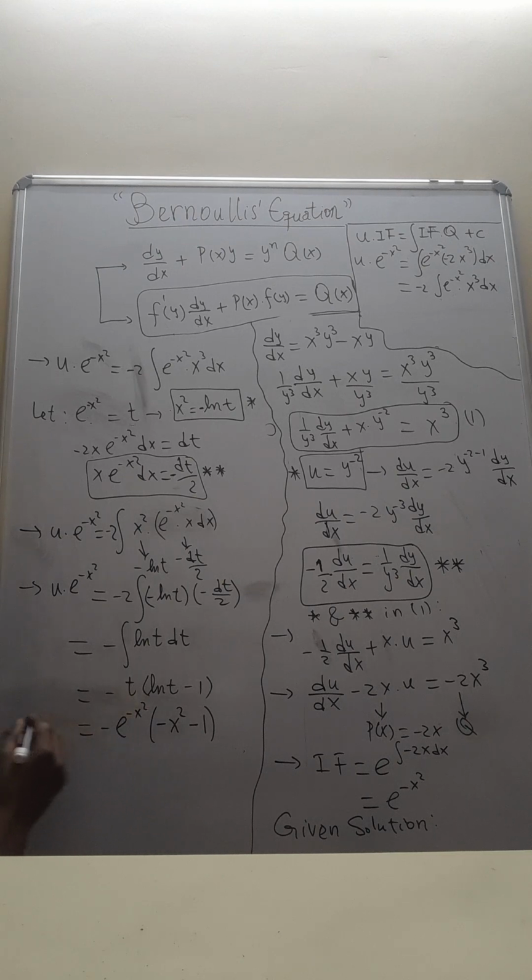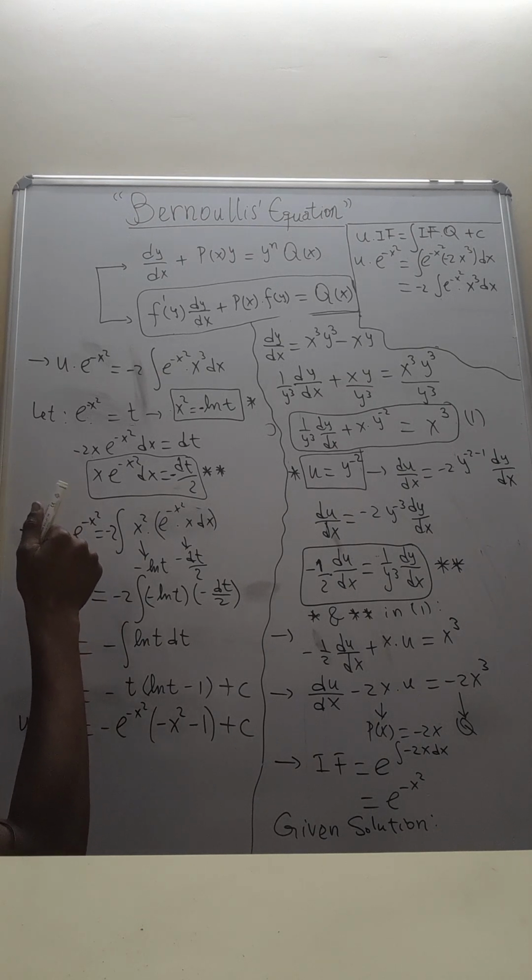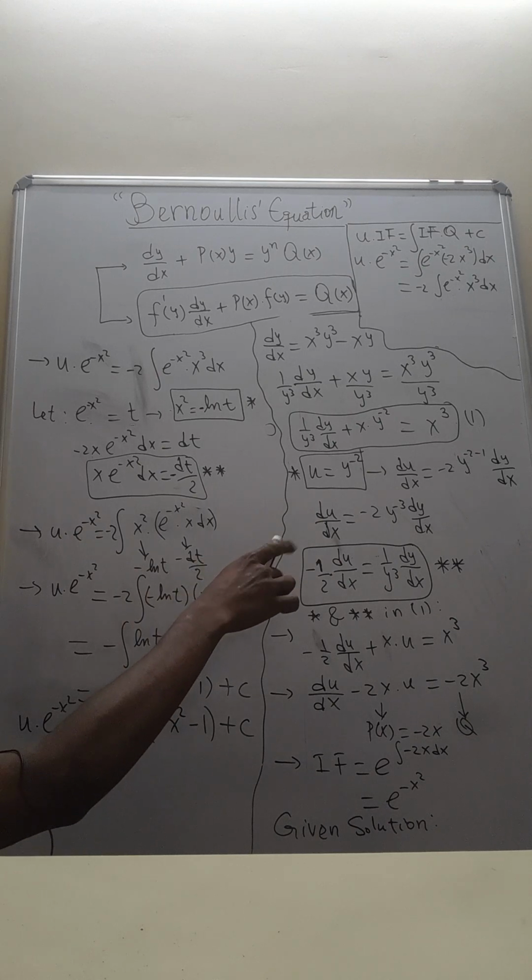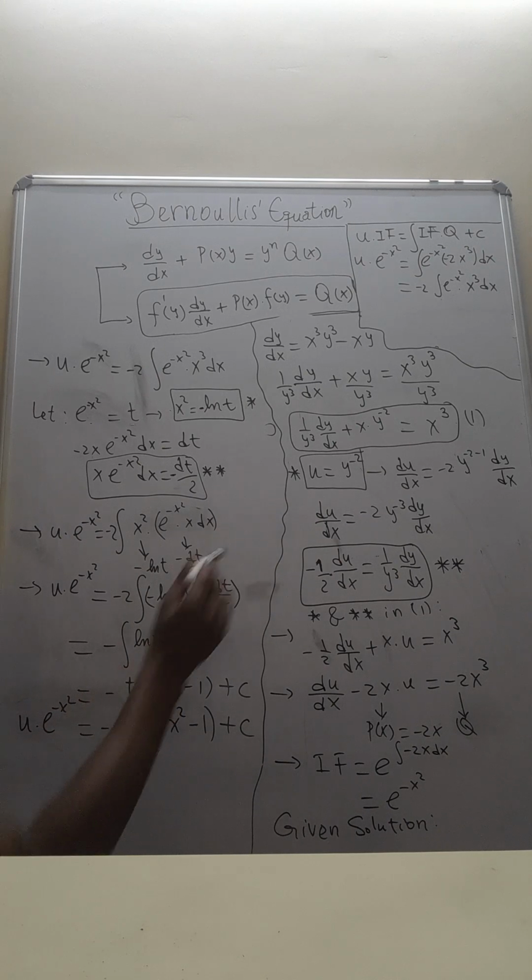So this, as we know, is u times Euler raised to minus x squared, plus c, it's fine. Now this is u times Euler minus x squared. Now go back to the substitution. You know that u is what? u is also y raised to minus 2.